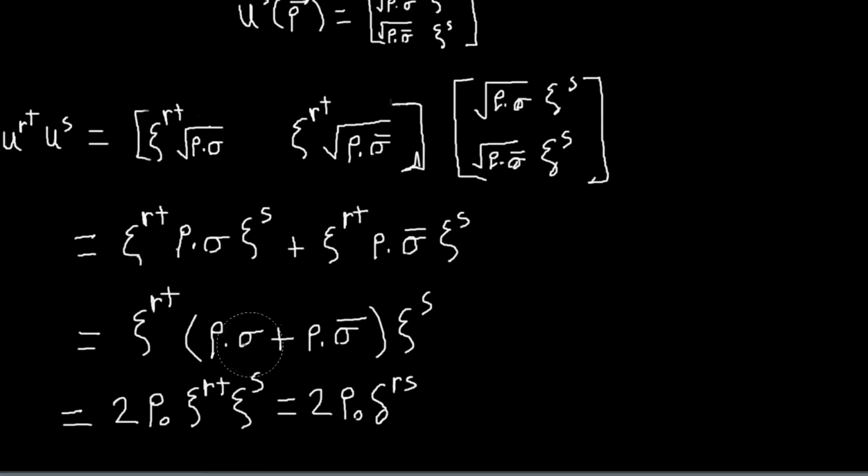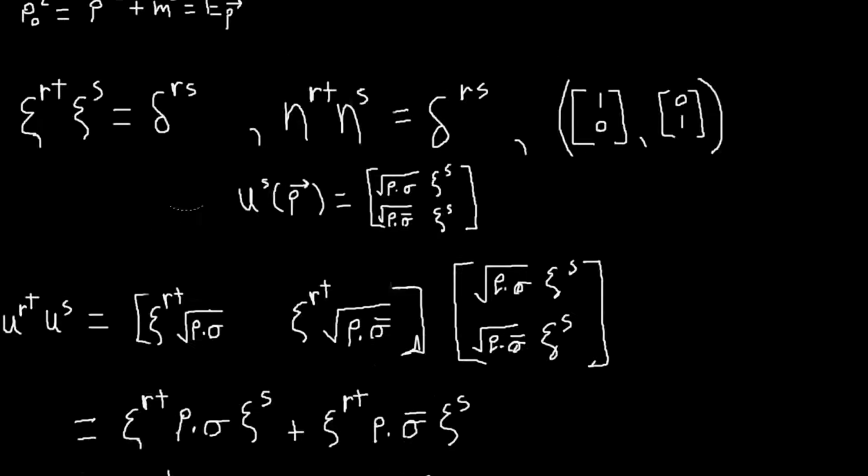And I have this, and then sigma and sigma bar, the spatial parts will be like p_i times sigma_i, and then this one will be p_i times minus sigma_i, so that just cancels. So I just have the time part. So I just get p naught times the identity plus p naught times the identity, so I get 2 p naught. And then this inner product, which I already said is delta^rs.